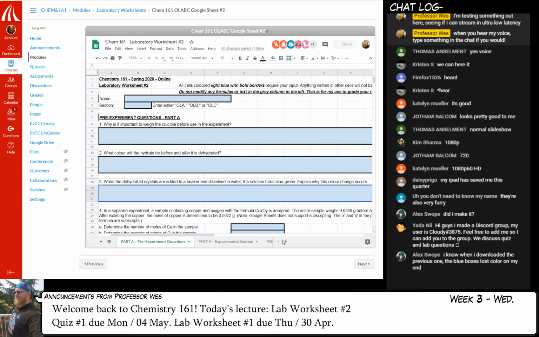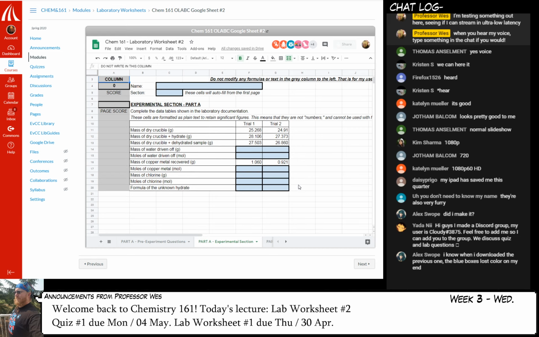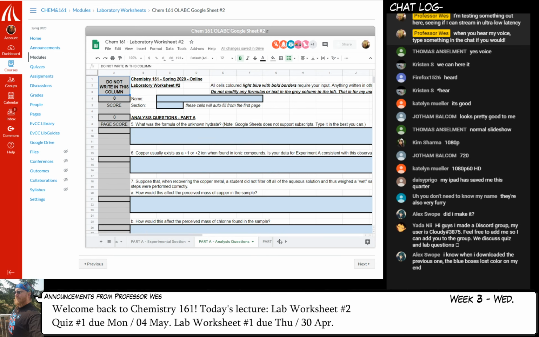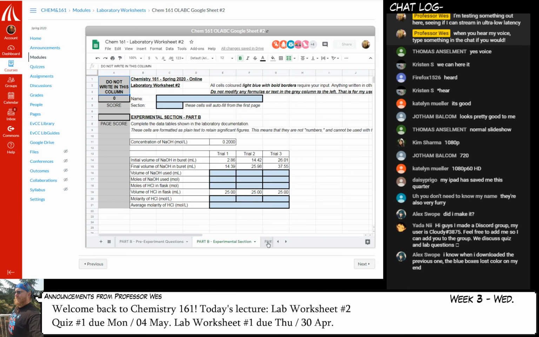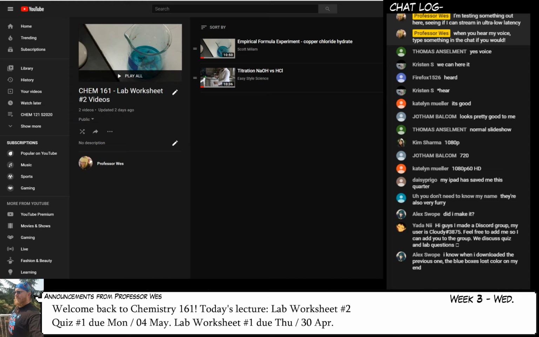There are a lot more tabs at the bottom, but the pages themselves are a lot shorter. So, for example, this is page 2. All you have to do is fill in this table. Make sure that you are answering all the questions, and we'll go over how all this works in just a second. The last thing I want to point out is that the third link in the modules is a link to this page.